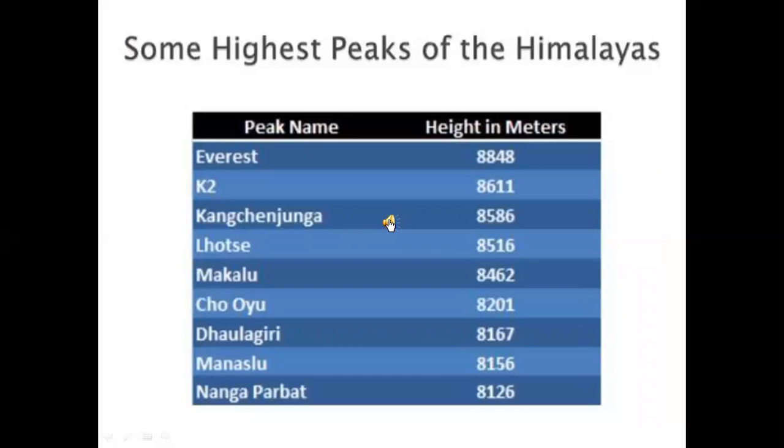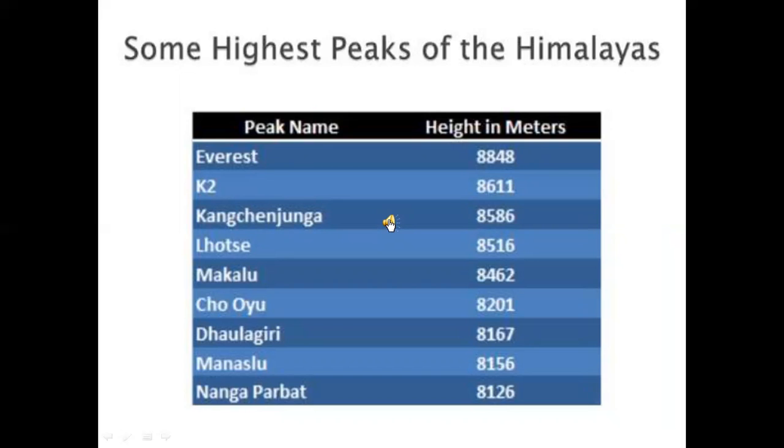As we learned, Himadri is the most continuous range consisting of the loftiest peaks with an average height of 6,000 meters. It contains all the prominent Himalayan peaks. Here, some of the highest peaks of the Himalayas are displayed on your screen. Everest, 8,848 meters, which is in Nepal.